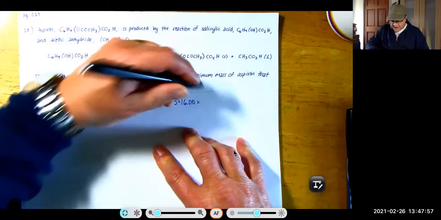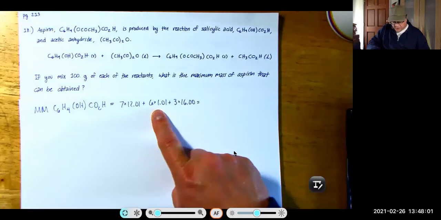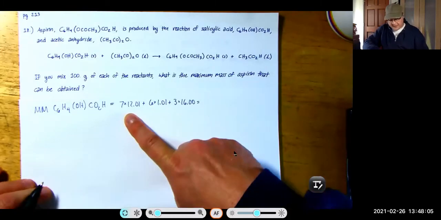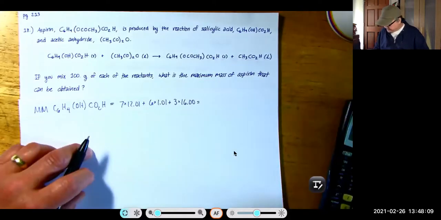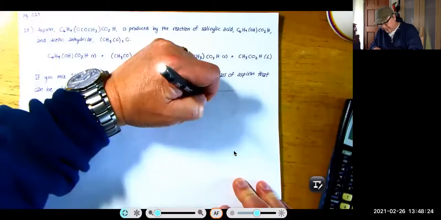So when I do this in my head, I get 48 plus 6, which is 54, and 54 plus 84, which puts it at about 138. So let's see what we get. 138.13.